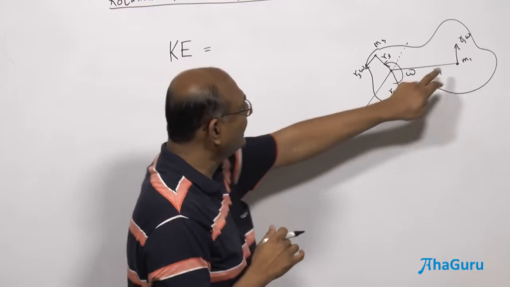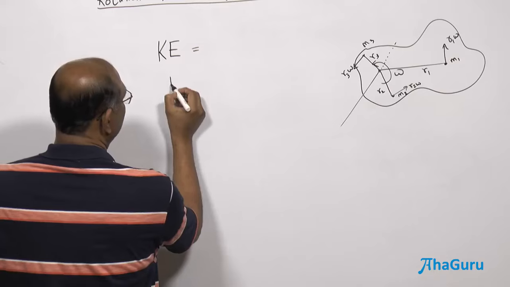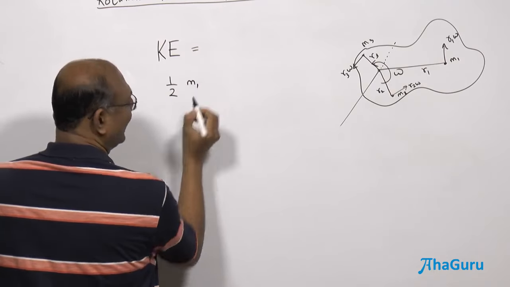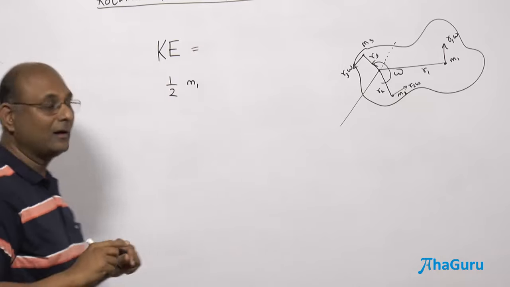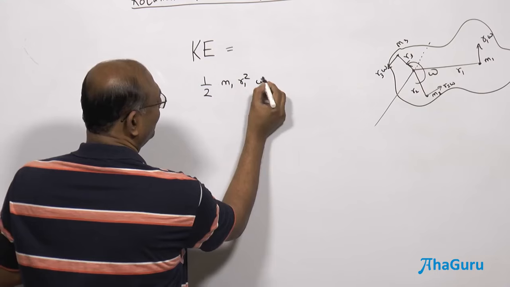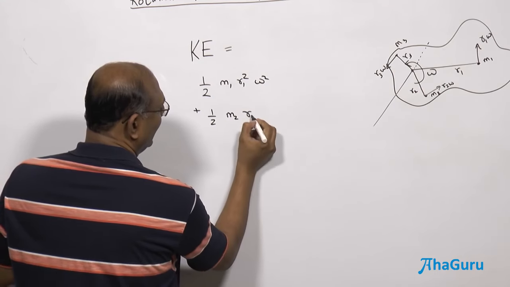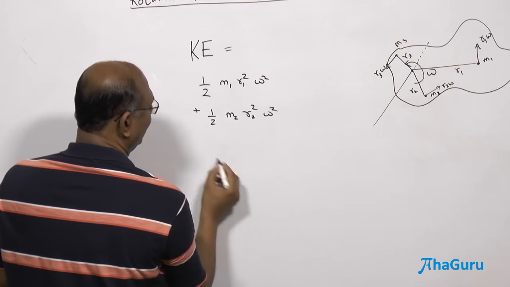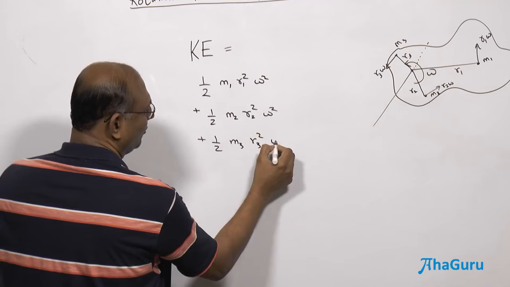What will be the kinetic energy of m1? Half m1 velocity square of that particle, which is what? r1 omega whole square. So that is half m1 r1 square omega square plus half m2 r2 square omega square plus half m3 r3 square omega square.